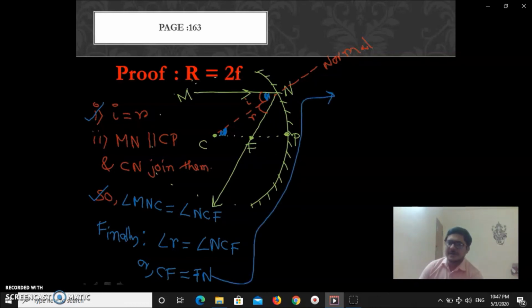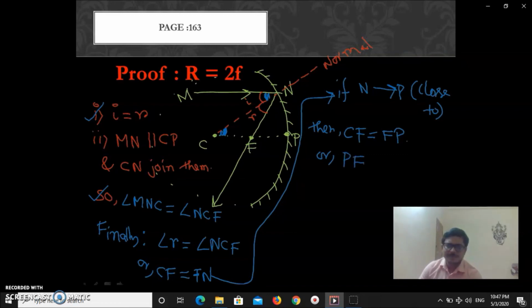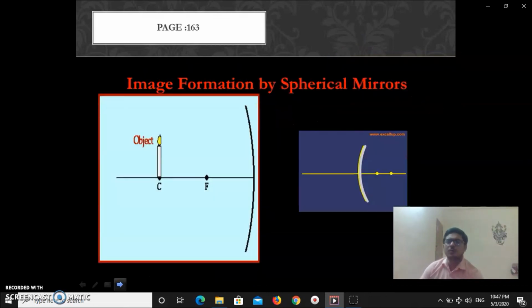Now cadets, if point N is very close to point P, then we can make the assumption that CF equals FP. Why FP? Because FN now is FP, because N is very close to P. Then F is the middle point of CP, or we can say F equals R by 2, or R equals 2F.